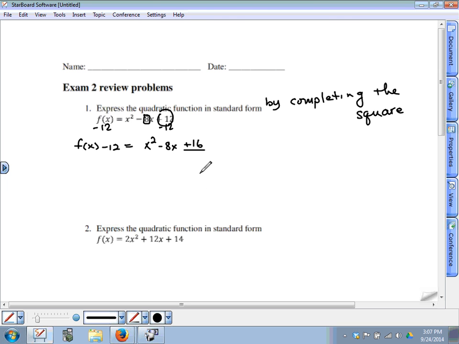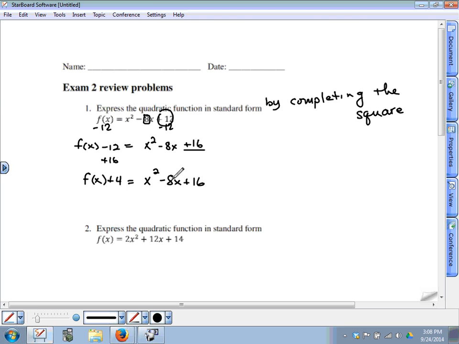You've got to keep the equation balanced, so if you add a 16 on one side, you've got to add a 16 on the other side. That makes f of x plus 4 is equal to x squared minus 8x plus 16. Now the reason for the 16, it turns this into what's called a perfect square trinomial.